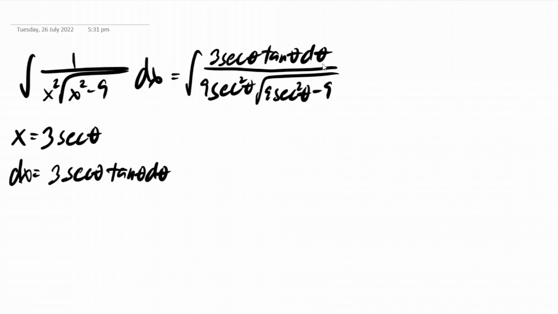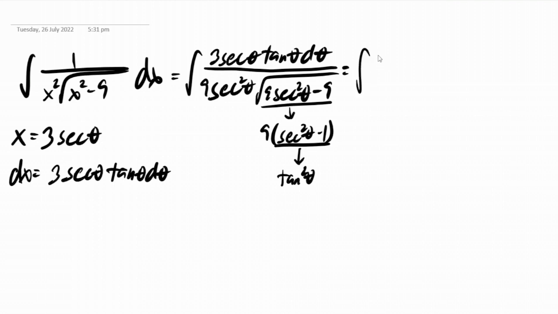So just like before, bring out 9, that is equal to 9 times secant squared theta minus 1, and secant squared theta minus 1, from the trigonometric identities, is equal to tangent squared theta. So the square root of 9 tangent squared theta is 3 tangent theta, right?